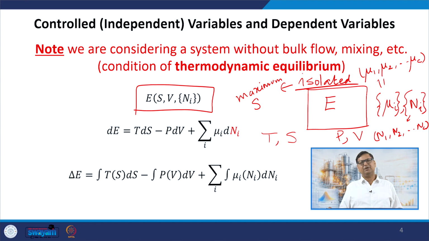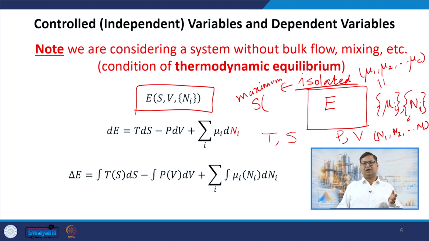And what is that entropy a function of? That entropy is going to be a function of the energy. Why is that? You remember the example, I was basically distributing the quanta of energy between different particles present in the system, right? So if we have certain energy, then we have certain number of quanta available, and there are certain number of ways in which I can distribute in a manner that will maximize the entropy of the system, right?